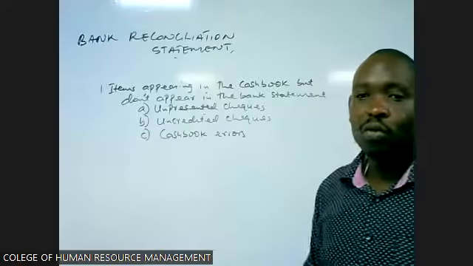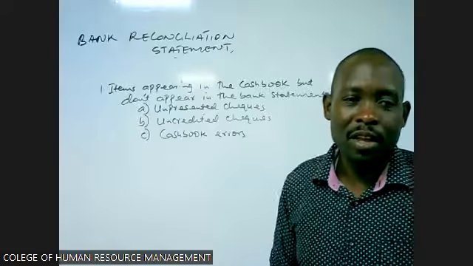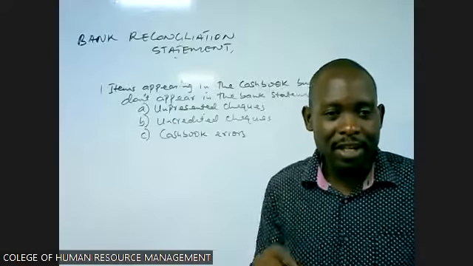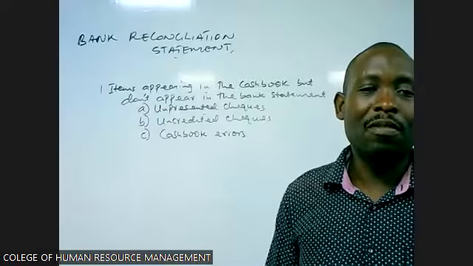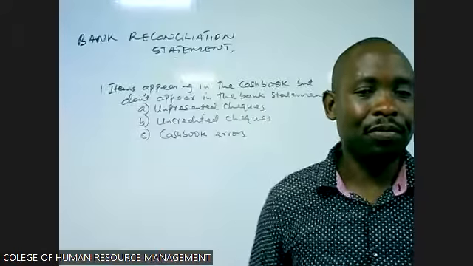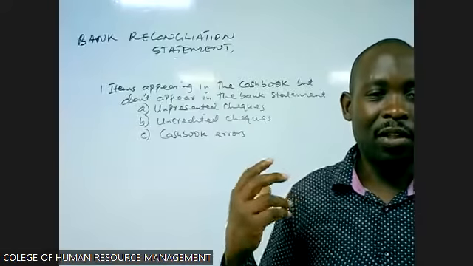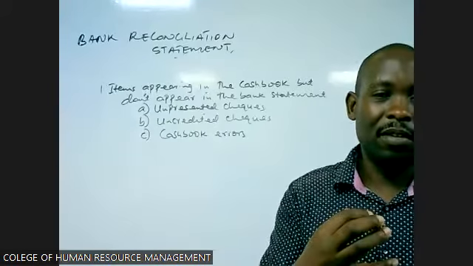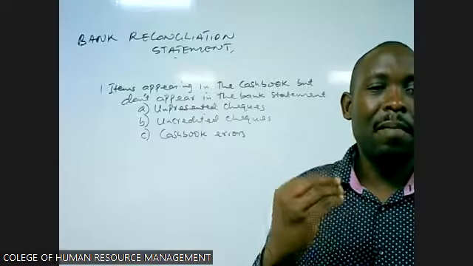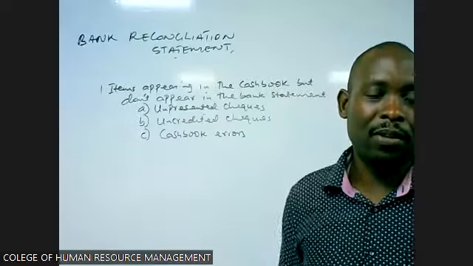Number two is what we refer to as the uncredited checks. Remember we said, to credit in the bank statement simply means money in. Money has been received in your account. So uncredited checks are those checks that we have received, but the bank has not cleared them for money to reflect in our account.